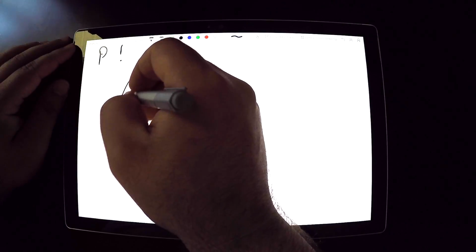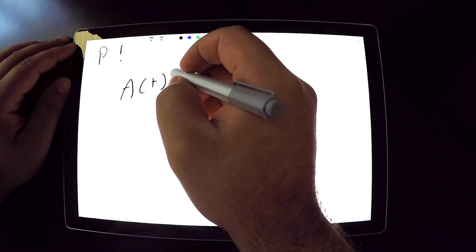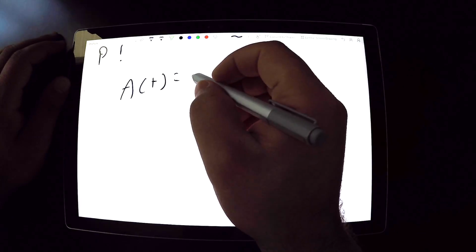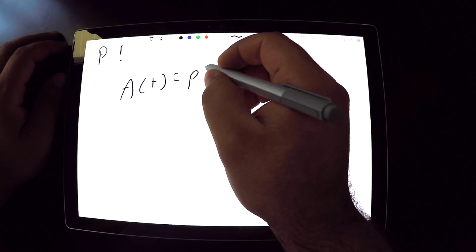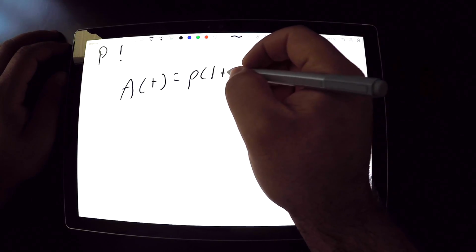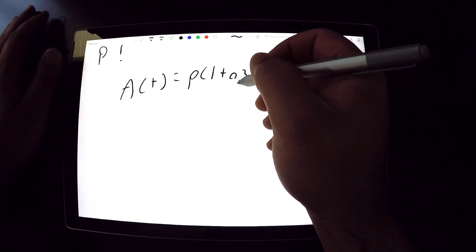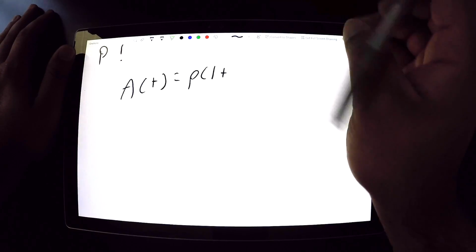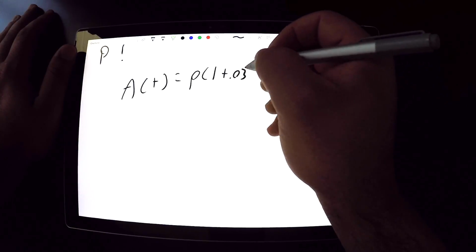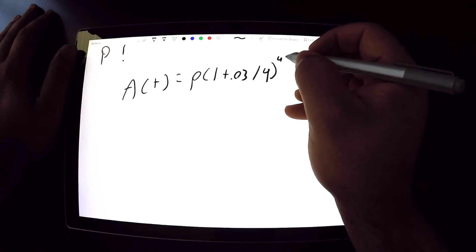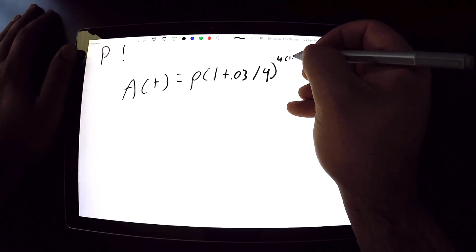So A(t) is equal to P times (1 plus 0.03 divided by 4) to the power of 4 times 10.